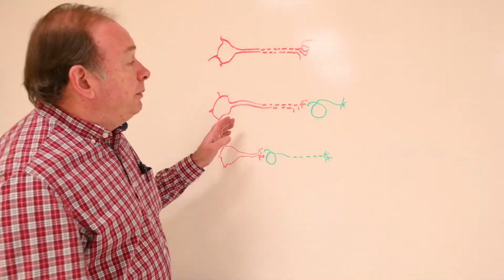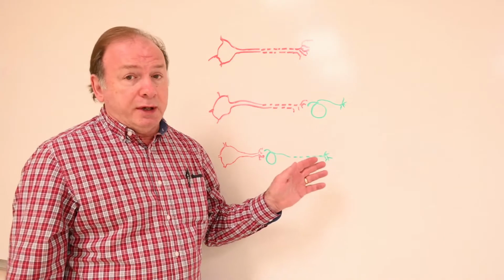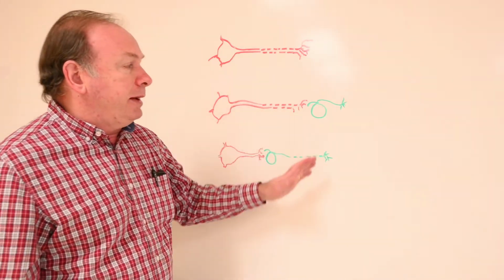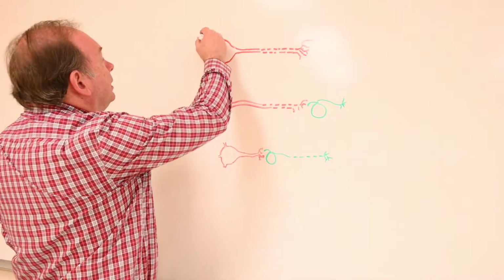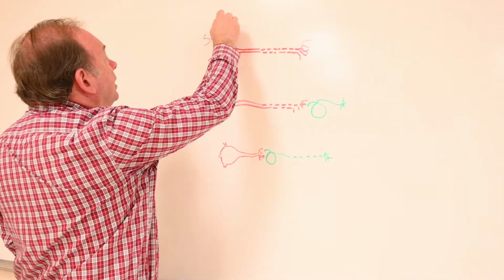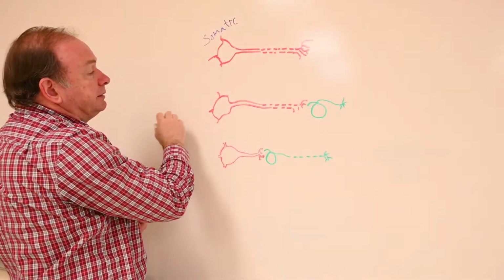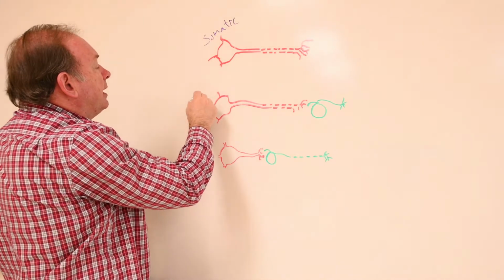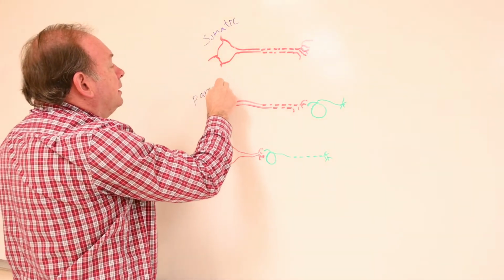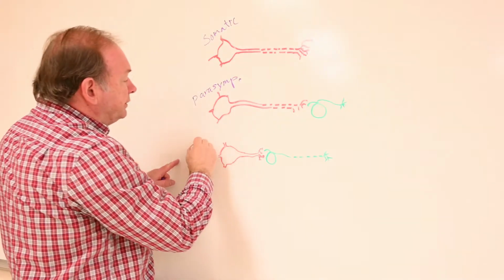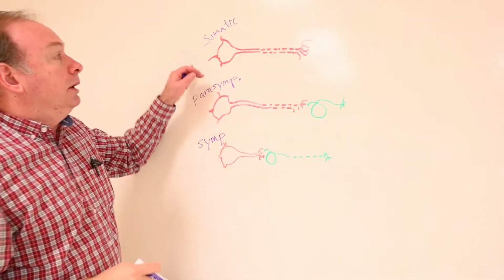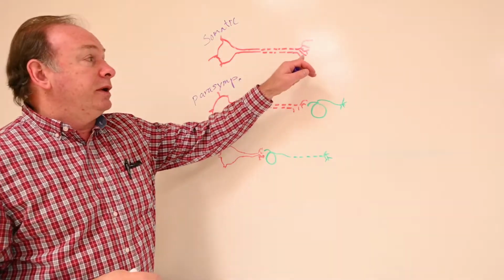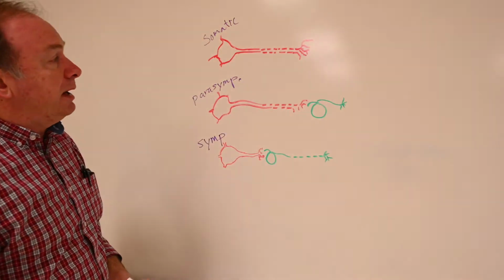Now I need to say something about the neurotransmitters that are different in the different pathways. Again, this is somatic up here, and this is the parasympathetic route, and this is the sympathetic route here. So here, remember, we have the nerve fiber that goes directly to the effector out here.